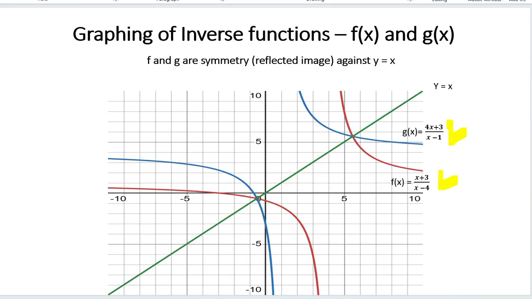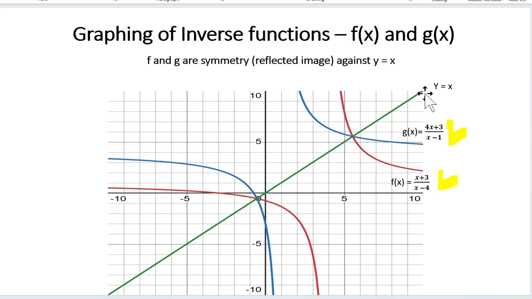For the original function, we take f of x equals x plus 3 over x minus 4, and we find the inverse function 4x plus 3 over x minus 1. I graphed the two functions using Desmos, the graphing calculator.